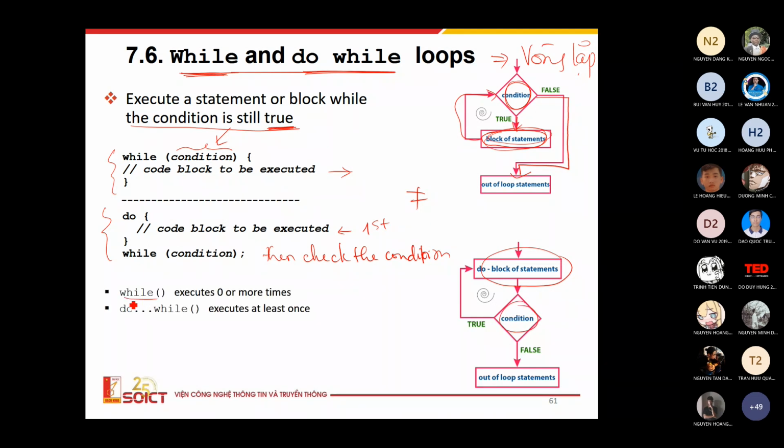So for the while, you can execute the code block 0 or more times. And for the do while, you will always execute the code block at least one time.